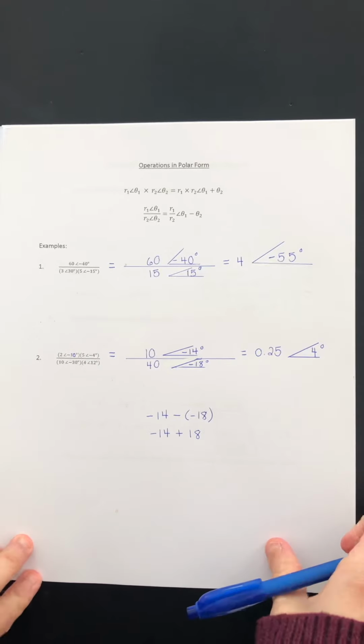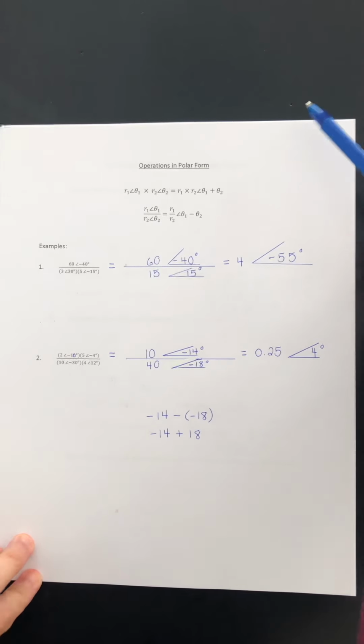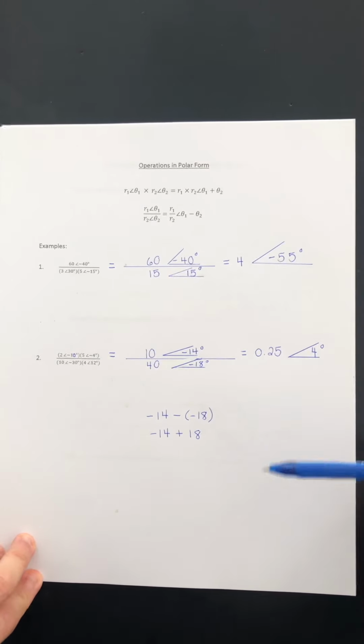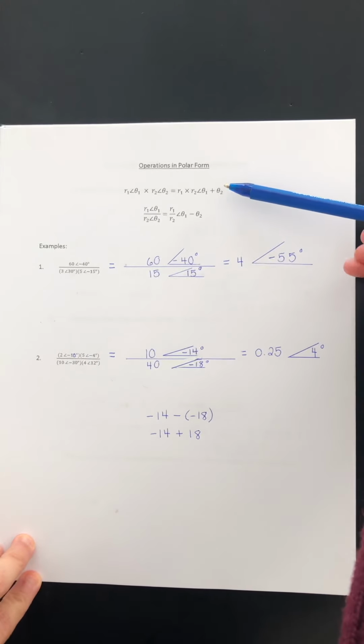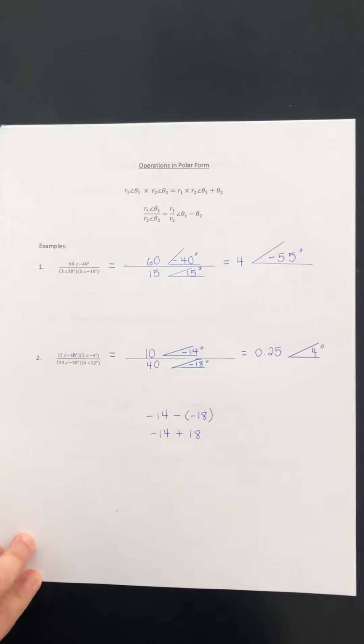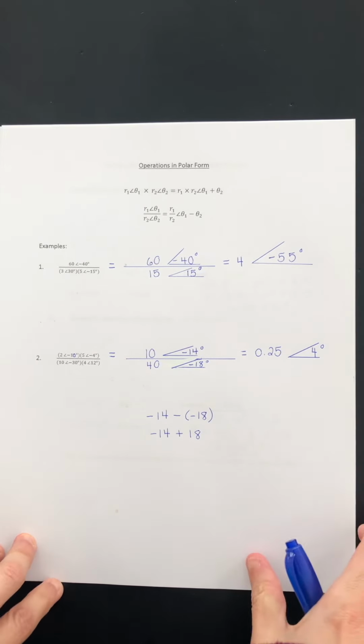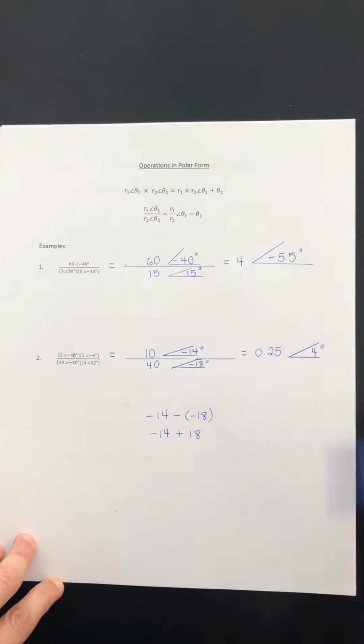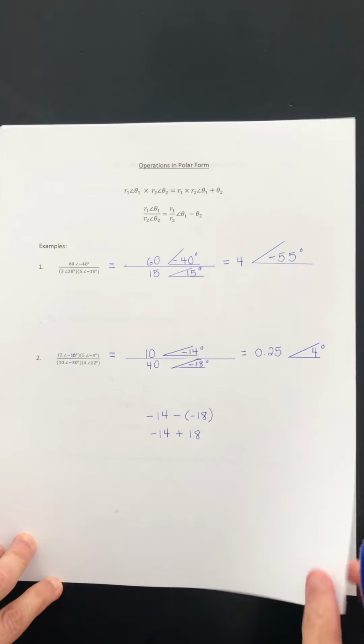Okay, so yes, from this lesson today, hopefully you understood well how to use the rules for multiplication and division in polar form. Numbers in polar form cannot be directly added or subtracted. These are the only possible operations in polar form.